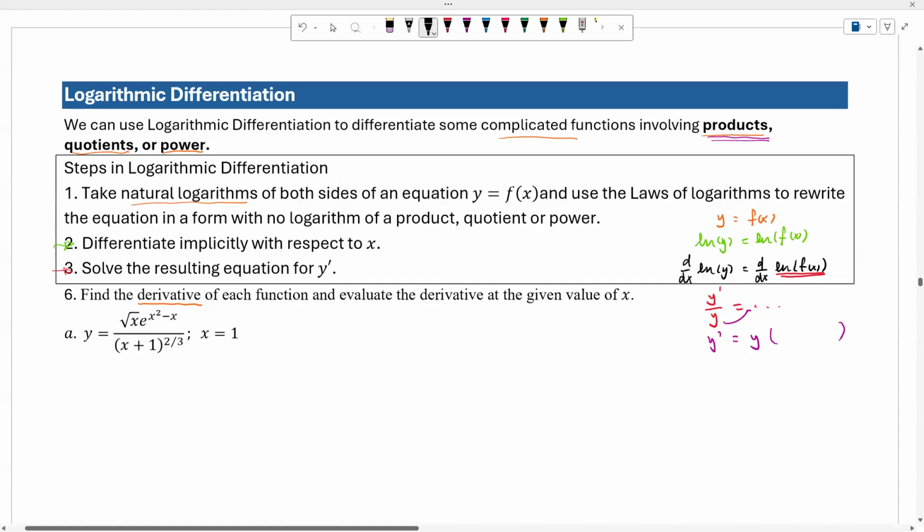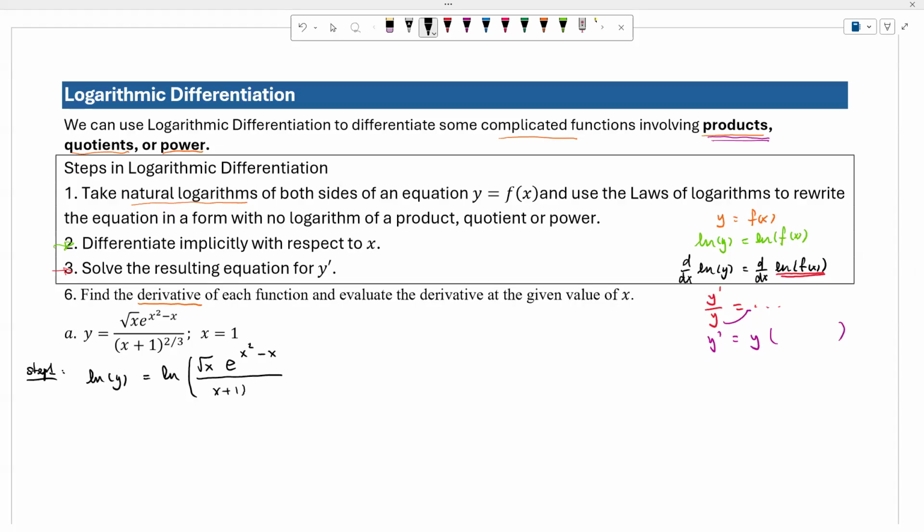First, we would like to take the natural log to both sides of the equation.